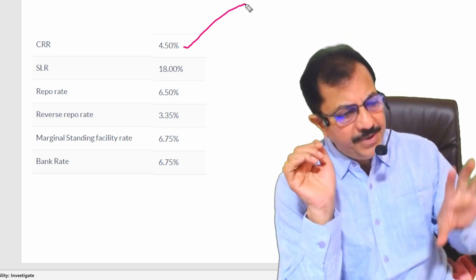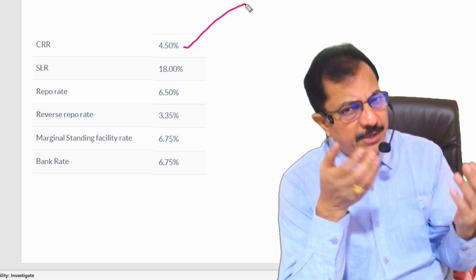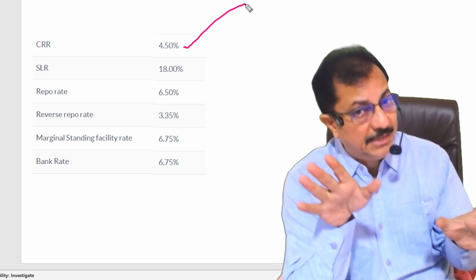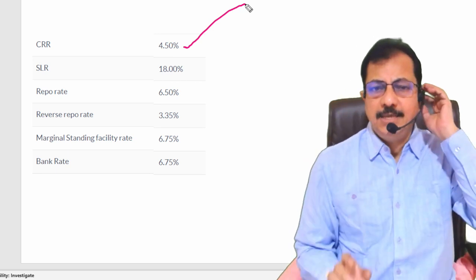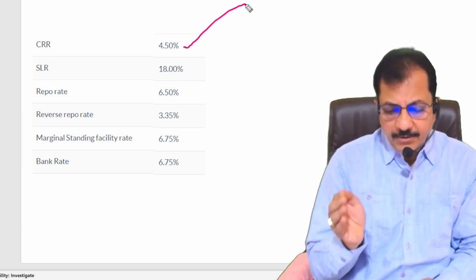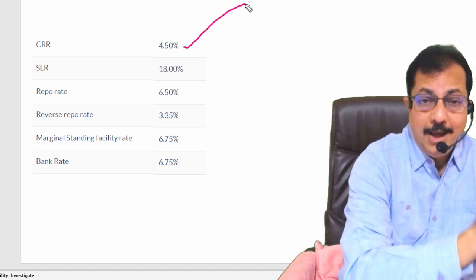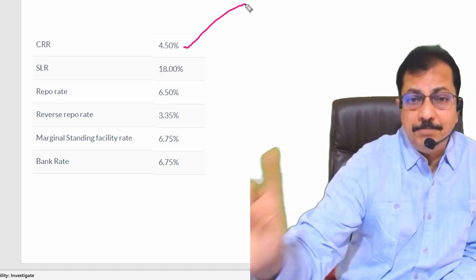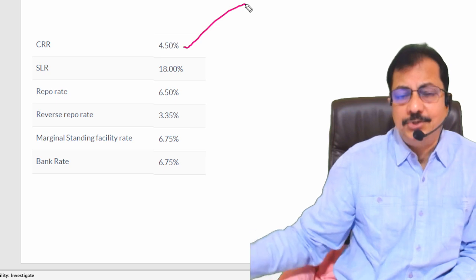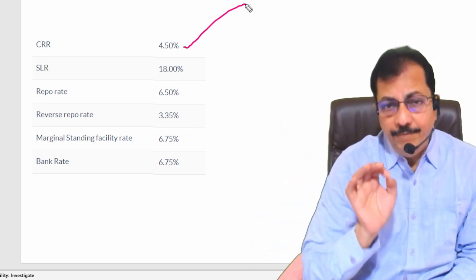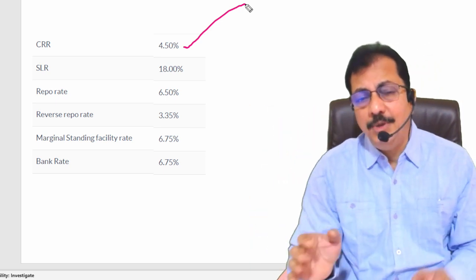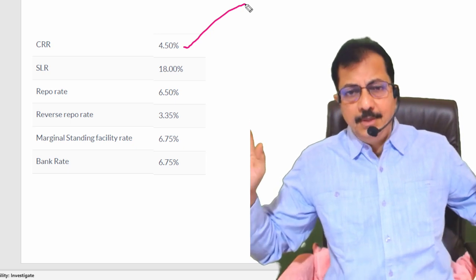When money is deposited with RBI, we expect RBI will pay interest. But in the case of CRR, whatever 4.5% you are depositing with RBI, RBI will not pay you any interest.